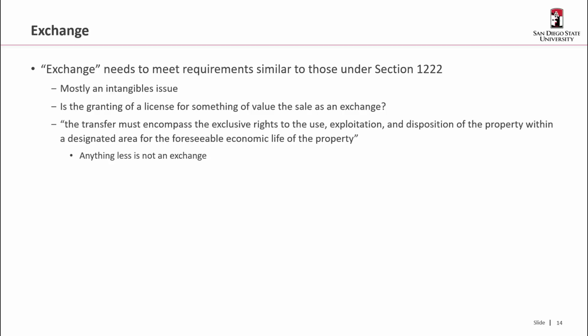Those rights could be exclusive, but arguably the foreseeable economic life of the copyright for Dunkin' is more than 5 years, and as a result, that would not qualify as an exchange. I'm basically selling you the rights, and you're paying me in stock, and we would not be able to use 351.